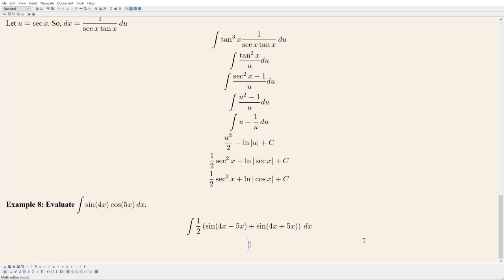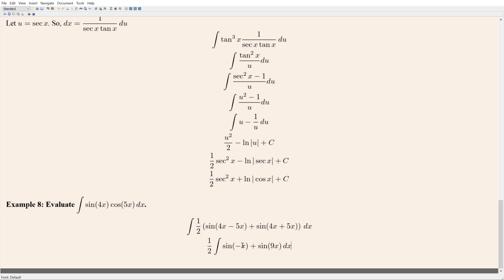Okay, and then evaluating this should be straightforward. So the 1/2, we can go ahead and pull that out. So we have sine, so 4x minus 5x is negative x, plus sine, 4x plus 5x is 9x.